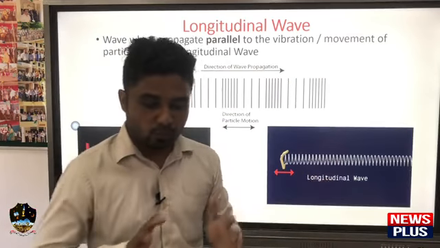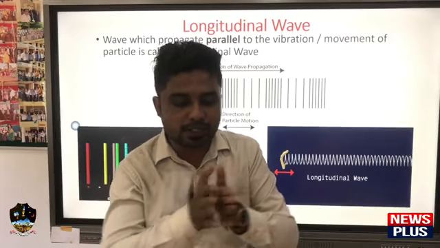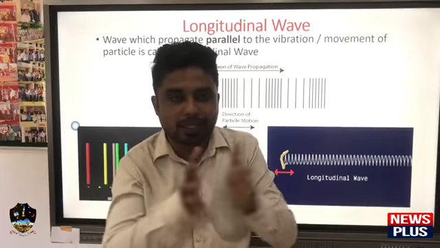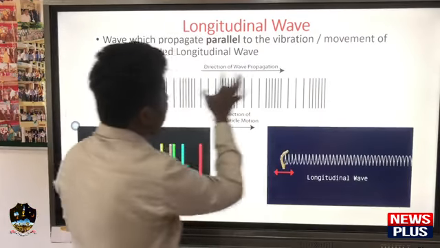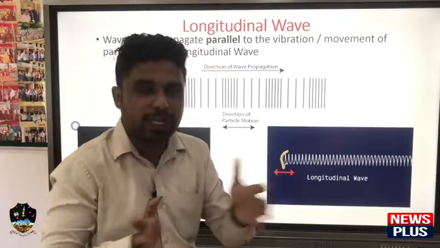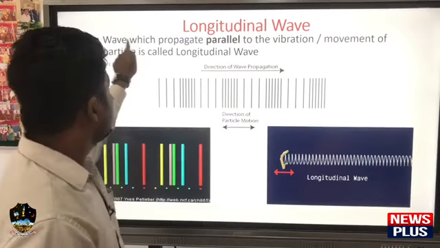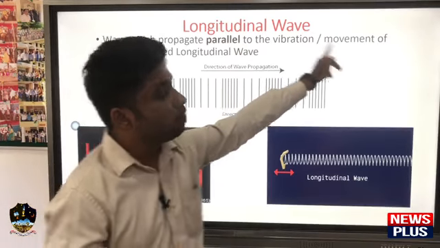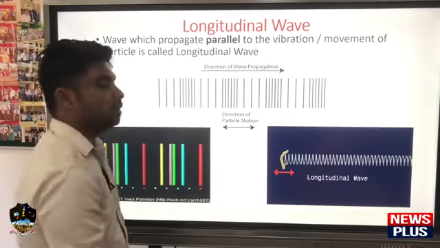Parallel means when waves move this way and the particles move like this, parallel to the waves, that is called a longitudinal wave. A wave which propagates parallel to the vibration or movement of the particle is called a longitudinal wave.